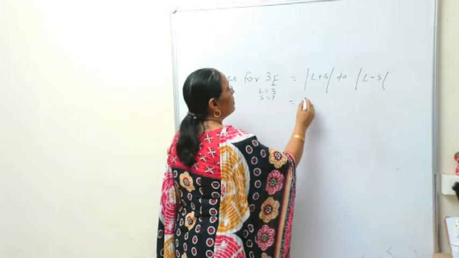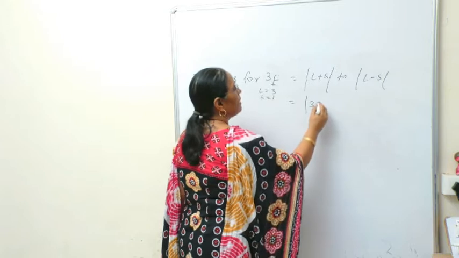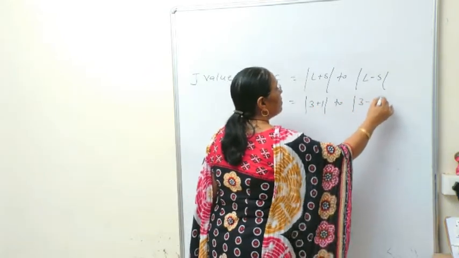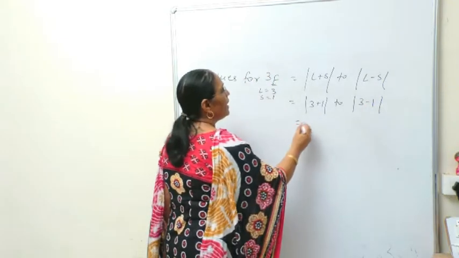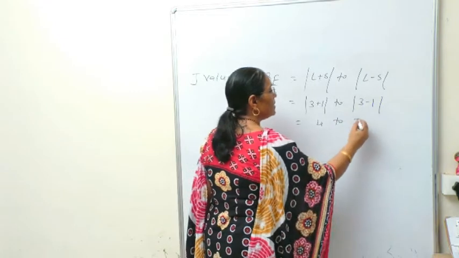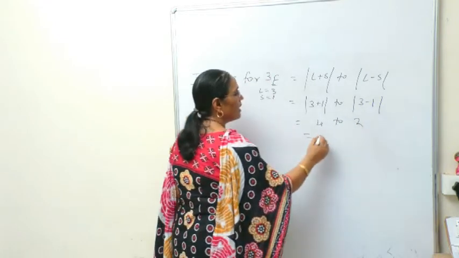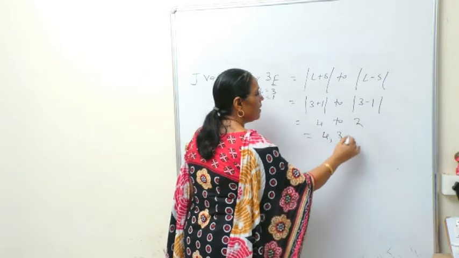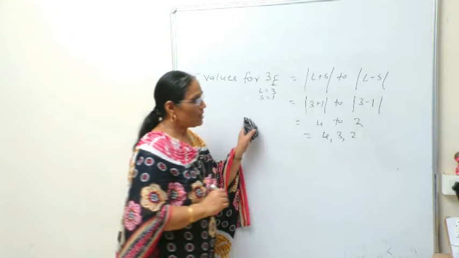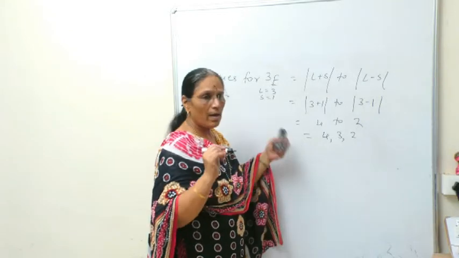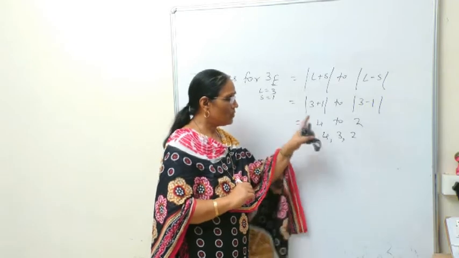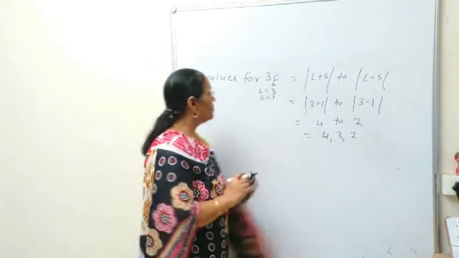So J is from L value 3 plus S value 1 to L value 3 minus S value 1. So J values vary from 4 to 2, and possible J values are 4, 3 and 2. So the triplet F term is further split by LS coupling into 3 energy levels having J values 4, 3 and 2.